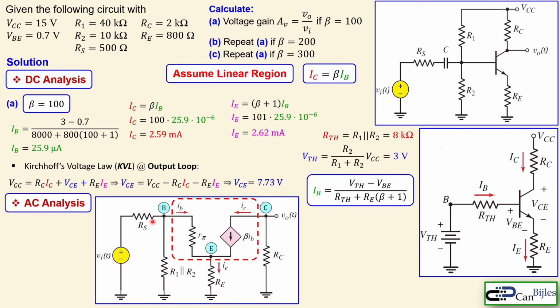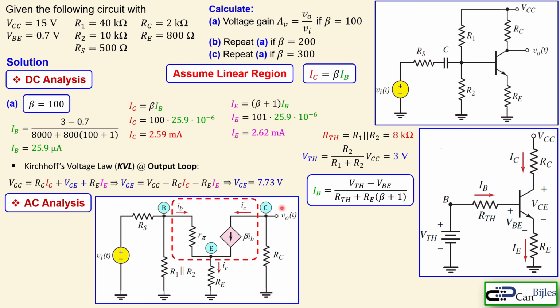Now you see the base node, the emitter node, and the collector node. In addition, you see the collector resistor here is directly connected to ground. Why? Because when you consider the AC analysis, the DC voltage sources are considered to be zero because there is no change in ideal DC voltage sources. So that's why we have here from the collector resistor to ground.